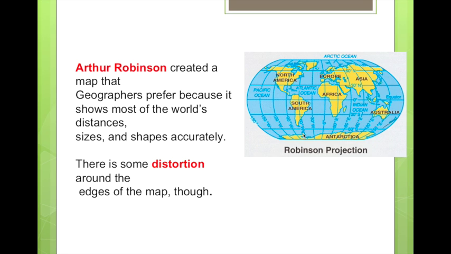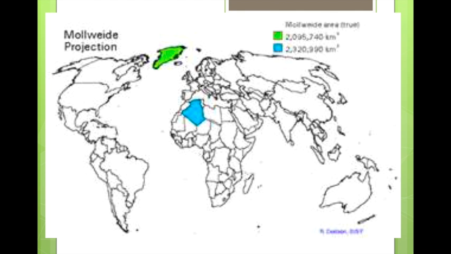So if you look at Antarctica and if you look at the top, there is some distortion there. That is not perfect. But this shows distance, size, and shape the most accurately. So if you look at a Robinson projection, here you see Greenland. This is the correct size and shape and its relationship to Algeria.